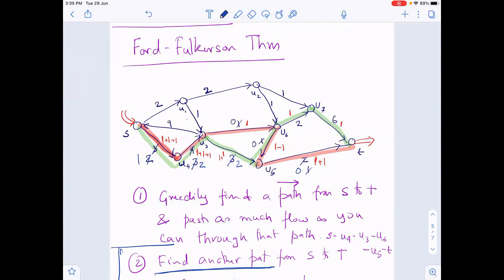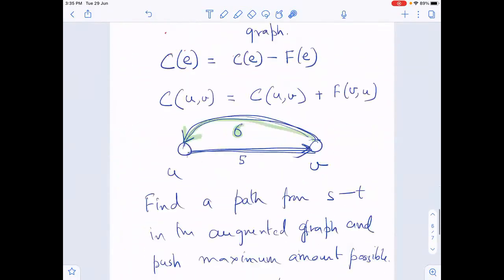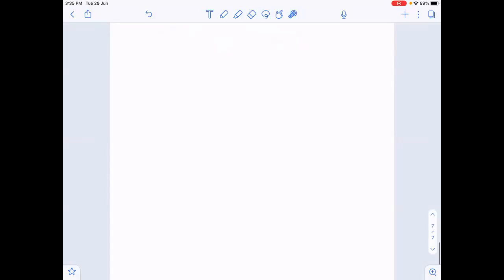No. I mean, did you understand how I pushed this amount here back? Did you follow that? Even though the direction of the edges is reversed, you're reversing it and pushing it, right? Yes. Okay, good. Let me just repeat again. Maybe this will help you a little bit here.